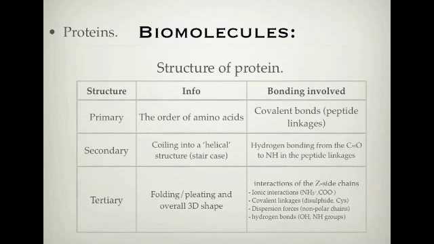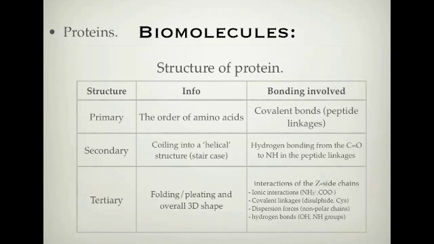It gets this structure from the backbone C double bond to O and the NH groups. So those 2 groups are in your amino acids: the C double bond to O group is from your carboxyl group, and your NH is obviously from your amino group.